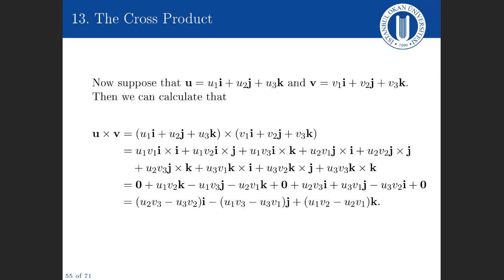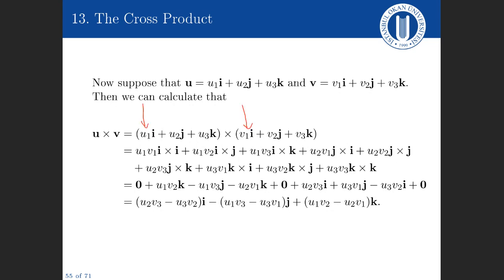Now that we know these, we can calculate U cross V. I want to calculate U1 I plus U2 J plus U3 K cross V1 I plus V2 J plus V3 K. We have 3 terms cross 3 terms.